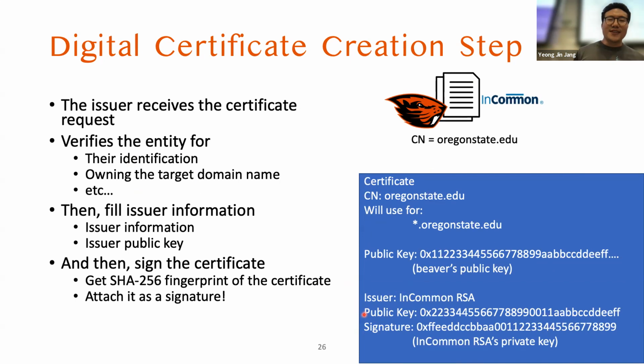So in the certificate, we have the target entity, and also the information about the issuer's entity. Because we have the issuer's public key, we can verify the issuer's signature, which means that this has been verified by this company, InCommon RSA. And then OregonState.edu was verified by this one and signed as a certificate.